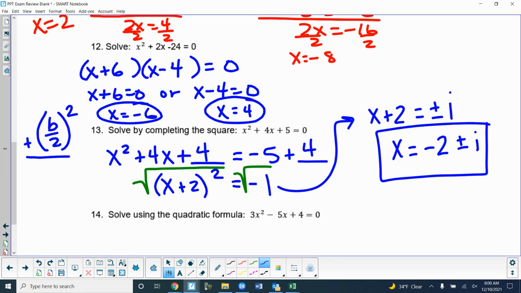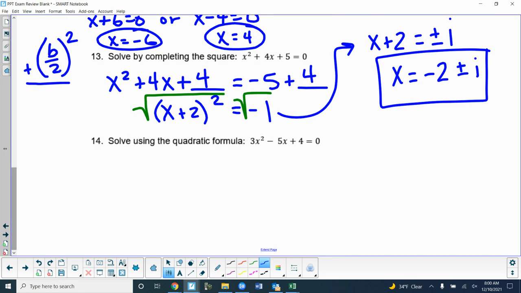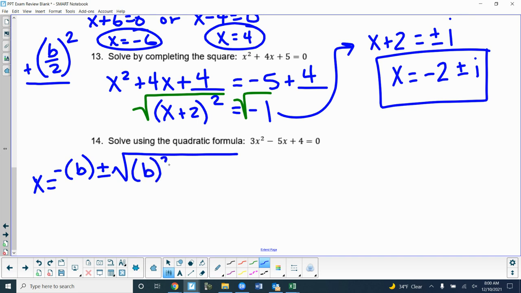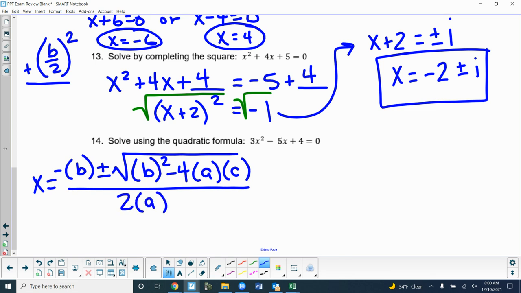Number 14, we're supposed to use the quadratic formula. All right? So this you might want to write on your card. So remember, it's negative b plus or minus the square root of b squared minus 4 times a times c all over 2 times a.